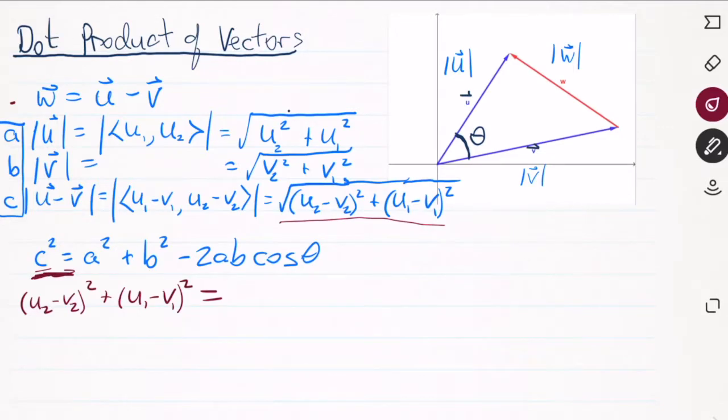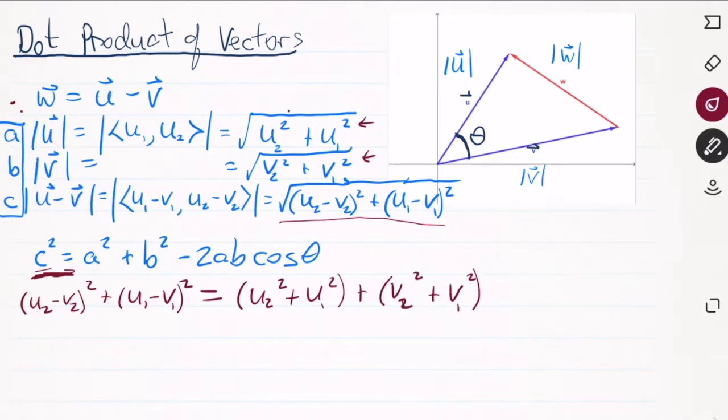All right, equals, so we're up to this point. And then a squared plus b squared, so we're talking about these two square roots, but being squared, the square roots are going to go away. So we're going to get u2 squared plus u1 squared plus v2 squared plus v1 squared.